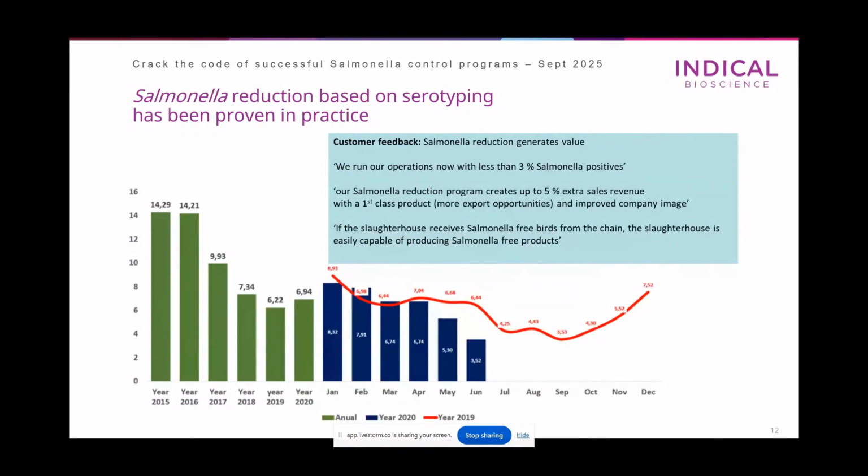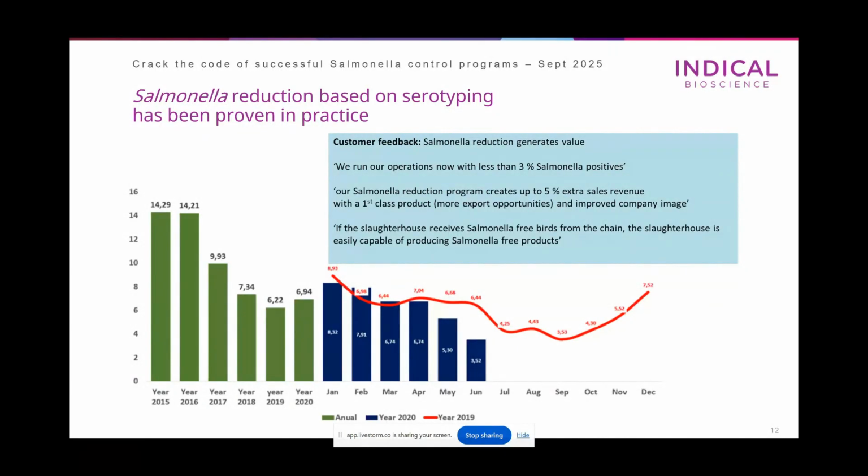This is an example of one of our customers in Brazil. We started in 2015 with the typing of all presumptive positives in their operations. What you see is that the first year is not really showing a reduction of salmonella, and that's because you need some time for the actions to be effective.